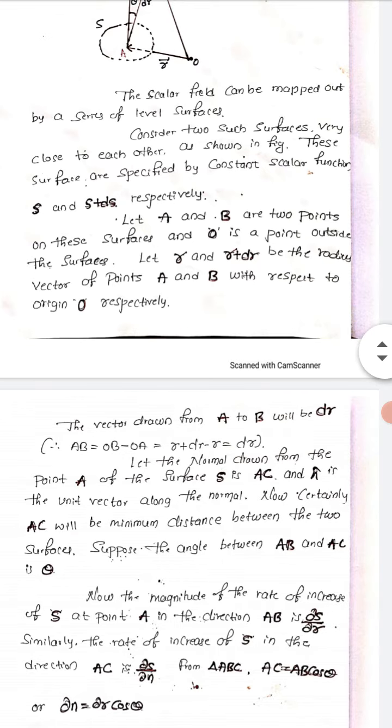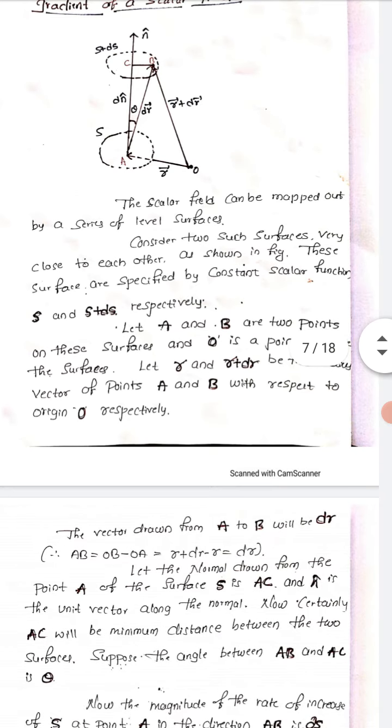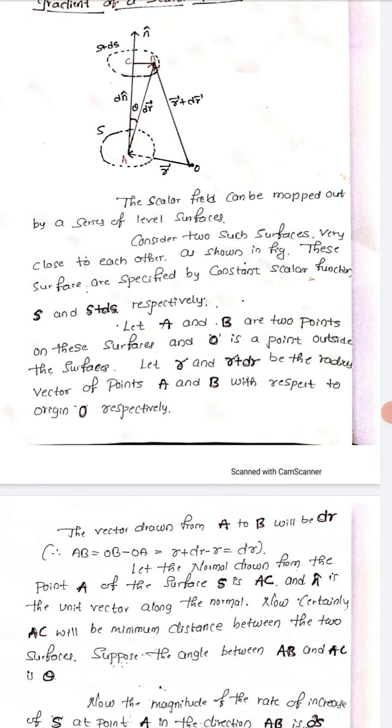Then let the normal drawn from the point A to the surface be AC, and n cap is the unit vector along the normal.